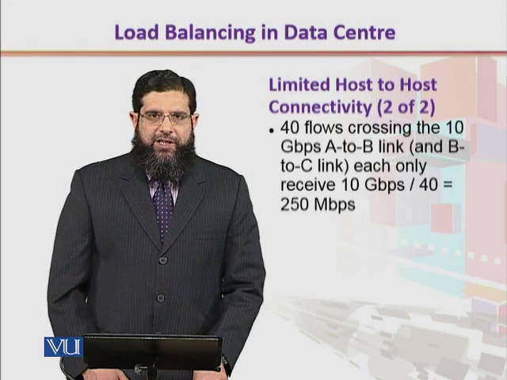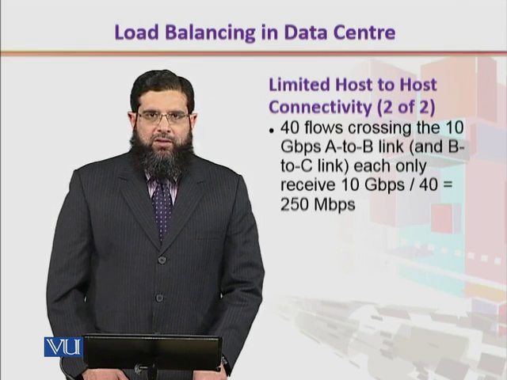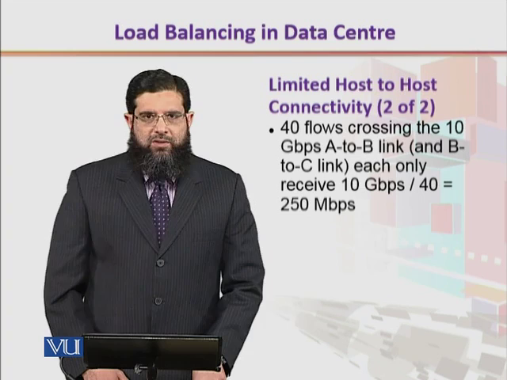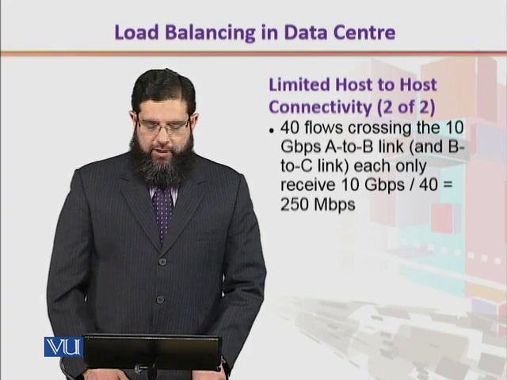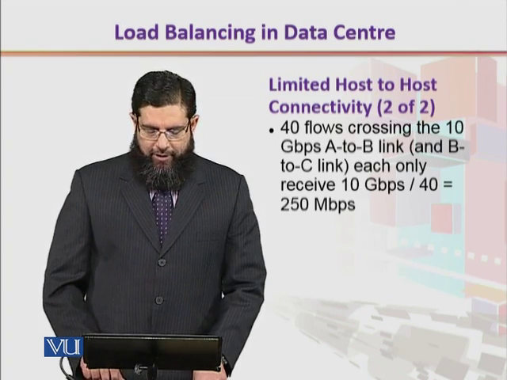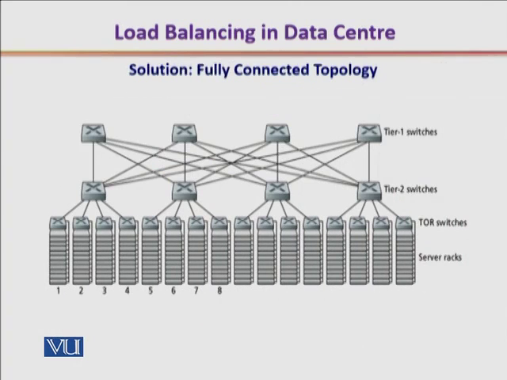in the exterior top of rack switching. That means we are only getting a quarter of what the hosts could get if they were in the same rack. In order to solve the problem, people have come up with various solutions. One of the most obvious solutions is that we provide more interconnectivity.